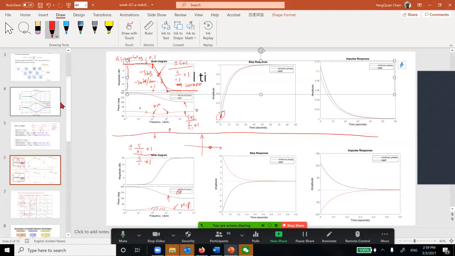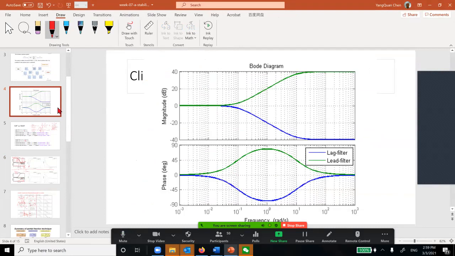So let's do the second part, how to read a lag filter and a lead filter. Can you tell me which is which? You can see this is a lead filter because the phase, this is 0 phase, and then it is leading, bigger than 0.